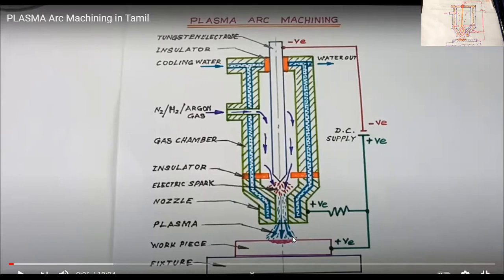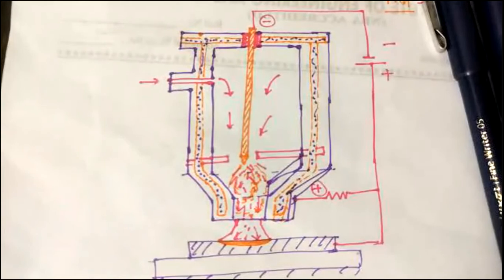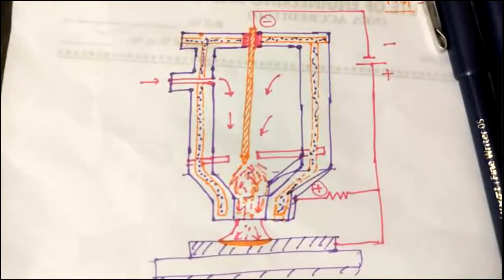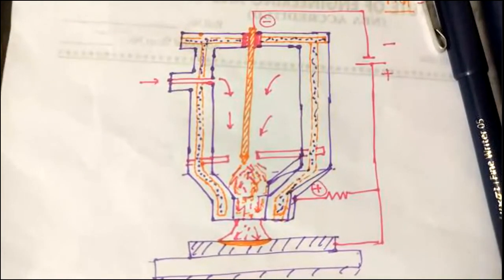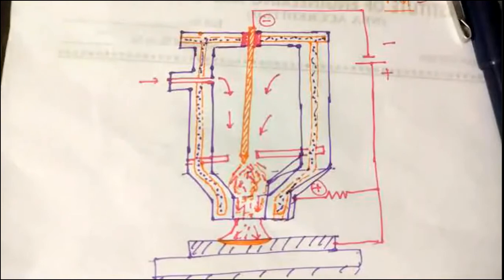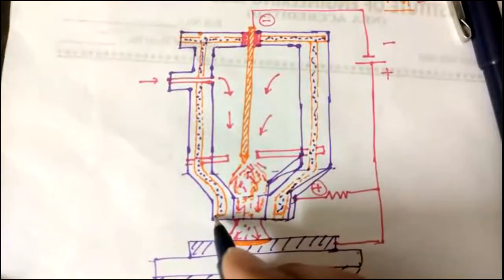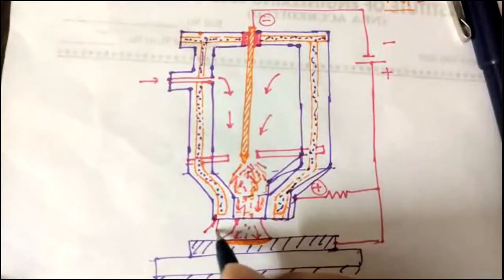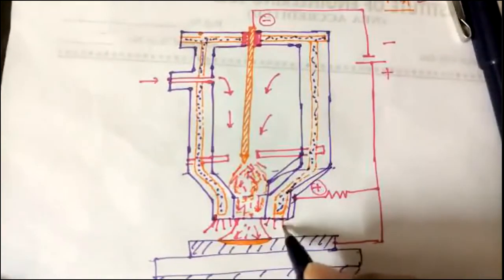So this is not the end of the story. Something is missing, which now I am going to explain. So you people have a look at this. I said that we are going to use some inert gases. So from here, some inert gases are coming out.